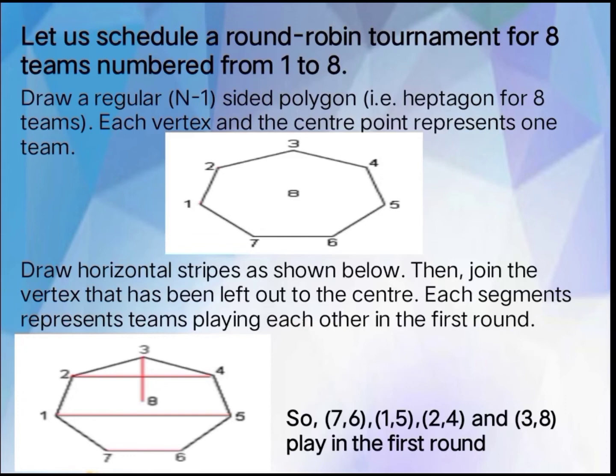Draw horizontal stripes as shown below. Then, join the vertex that has been left out to the center. Each segment represents teams playing each other in the first round. So, 7 and 6, 1 and 5, 2 and 4, and 3 and 8 play in the first round.